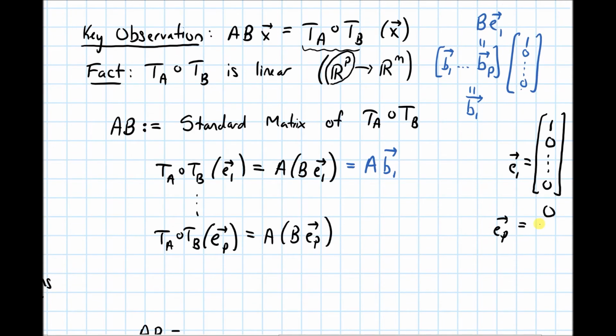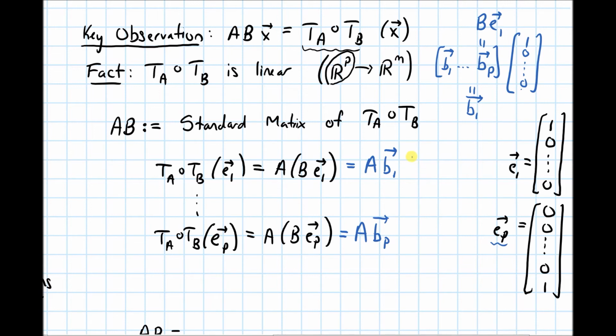We'll have a bunch of zeros at the top and then a 1 all the way at the bottom. So the A is still going to be in the front, but when I multiply B times this vector, E sub P, I'll only be left with the last column of the matrix B, which is B sub P.